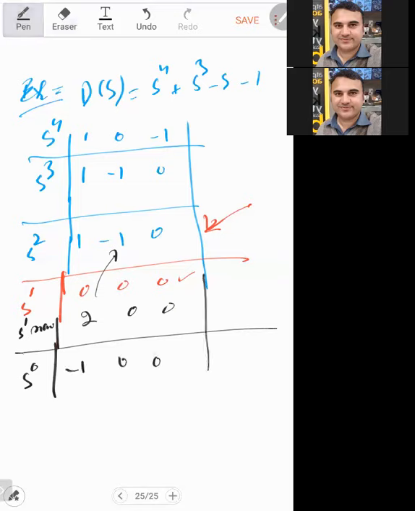Now let us look for the sign changes. Initially this is plus, this is plus, and then again we have plus, then the auxiliary polynomial row with plus, and then we have this negative. So we have only one sign change after the auxiliary polynomial.